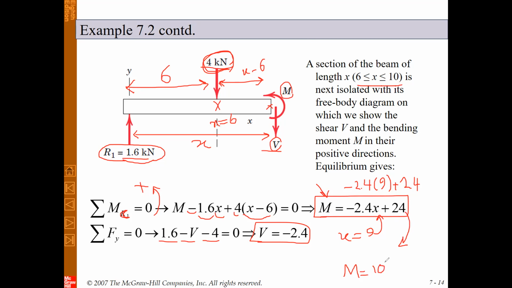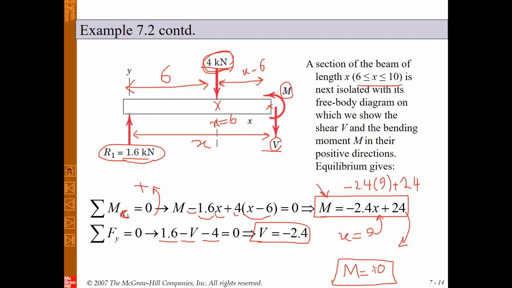I should calculate it. Again, if you substitute x equal to 6 in the equation for the bending moment for the interval between 0 and 6 in the previous slide, you should extract the same value, for example, 10 for your bending moment.